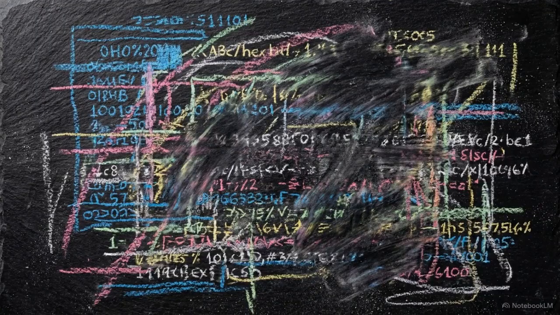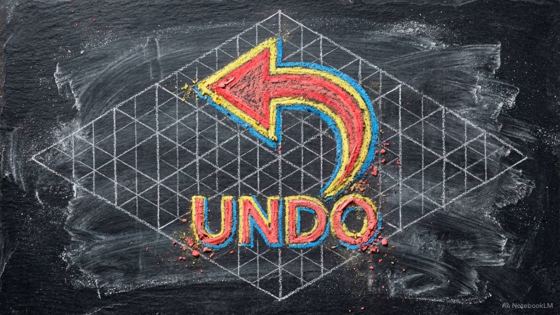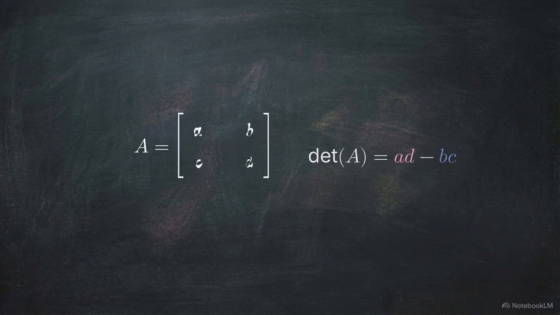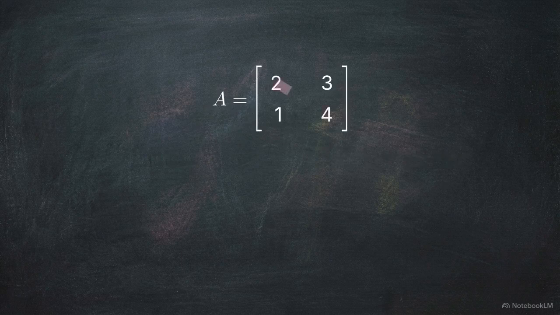If matrix multiplication transforms data into a new state, we face a fundamental computing problem. How do we reverse the process to retrieve the original data? This diagram shows a square matrix and its determinant formula, a scalar diagnostic tool predicting if mathematical reversal is possible.